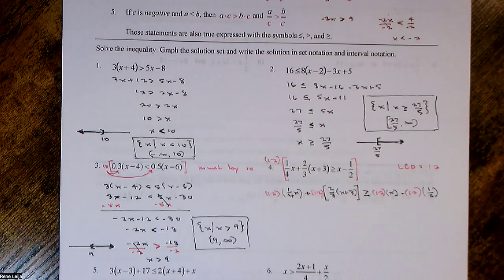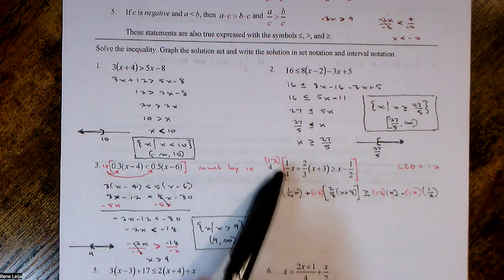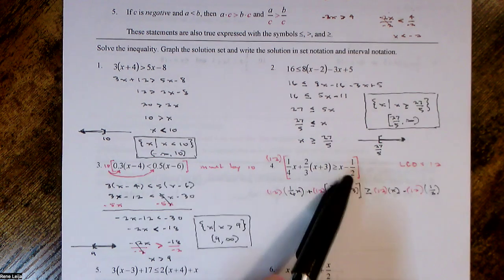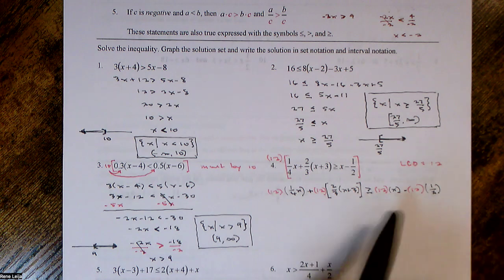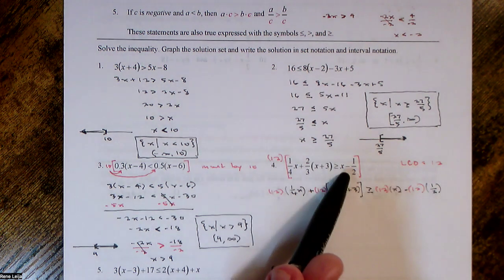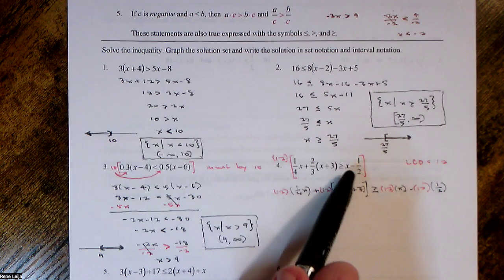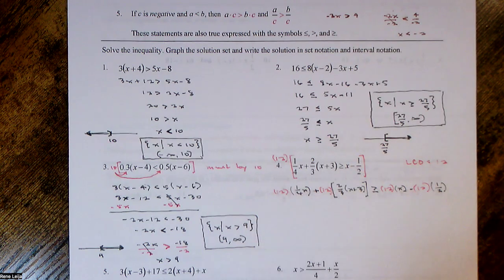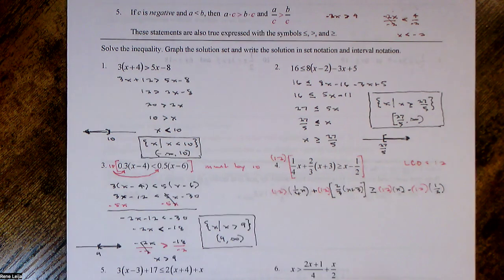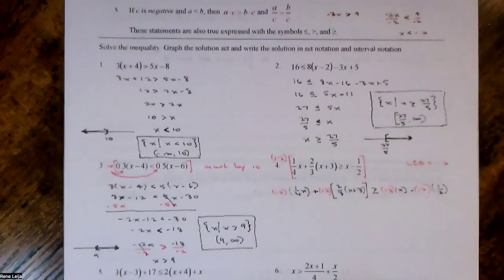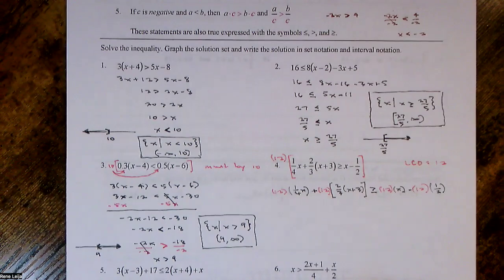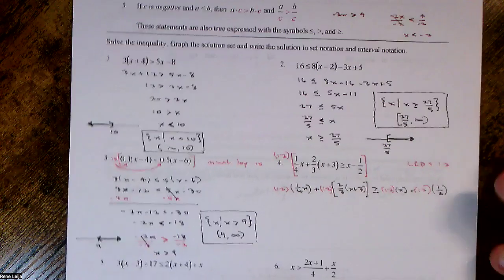Okay, just needed to spread this out a little bit. All right, so notice that I've multiplied every term by 12, even the x. Okay, so a variable, if it was just a number like 5, you'd still have to multiply it by the LCD.